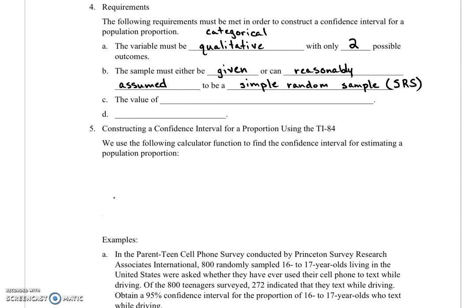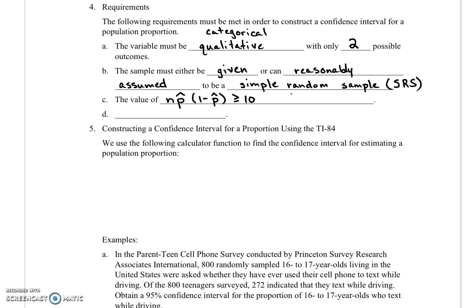Now, this next one is a little weird. This one is n times p hat times (1 minus p hat) has to be greater than or equal to 10. So remember, n is the sample size, p hat is the sample proportion, and 1 minus p hat is just 1 minus the sample proportion.